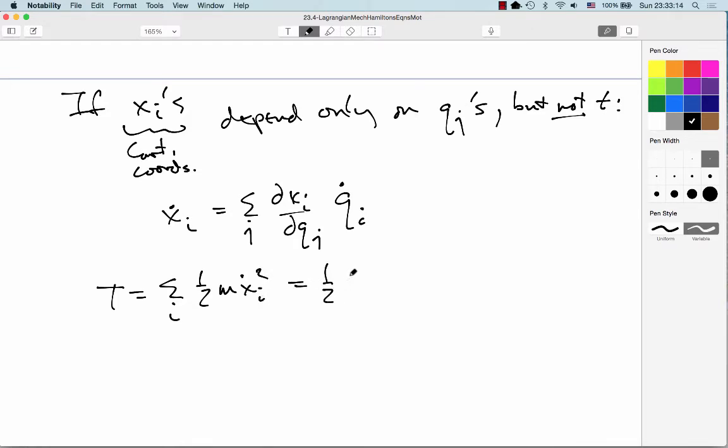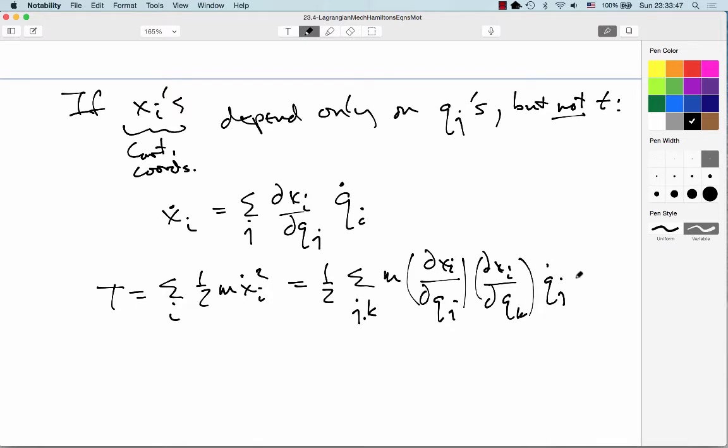So that'll be 1/2 the sum over j and k of m partial xi partial qj times partial xi partial qk times qj dot qk dot.